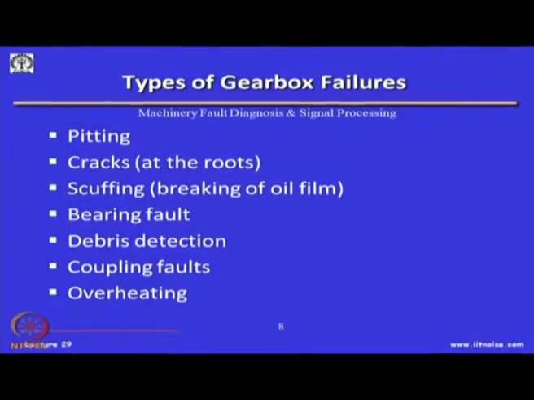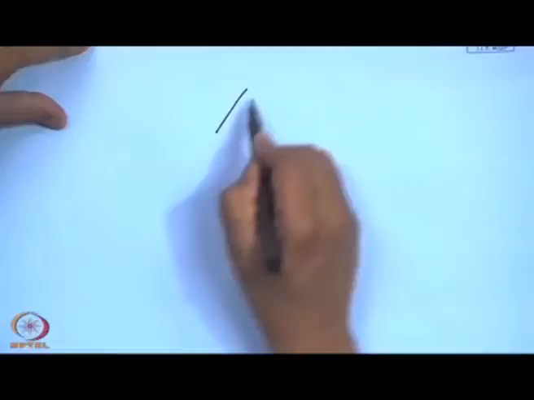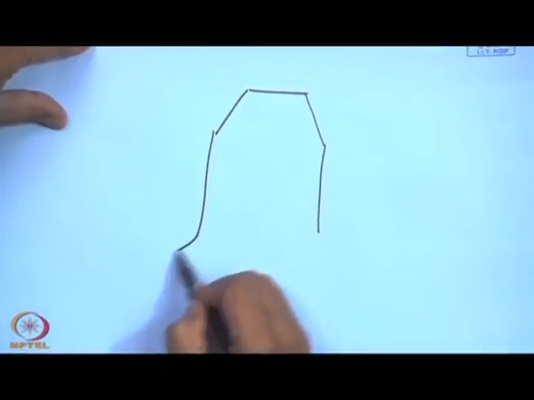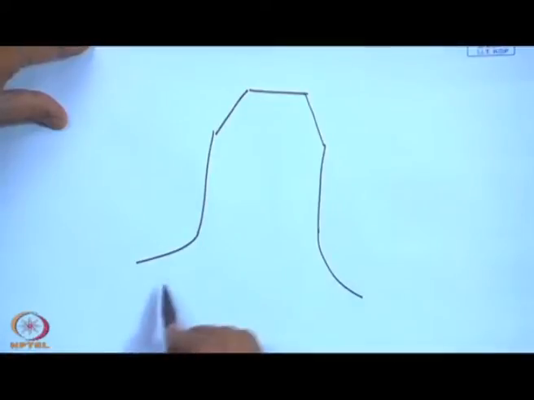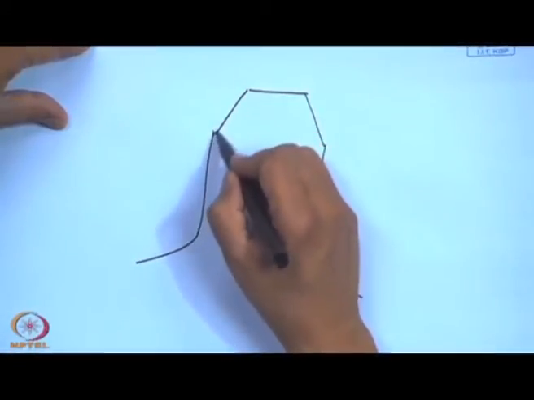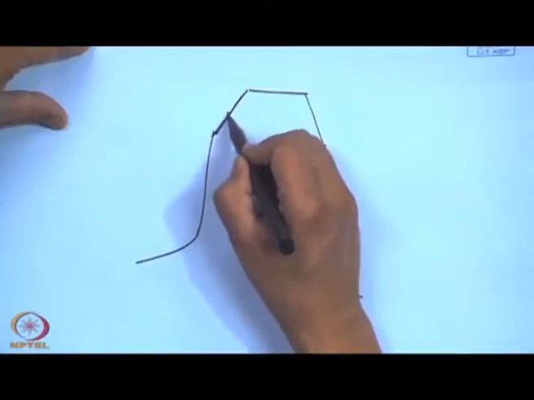In a gearbox, the type of failures which can occur is because of the pitting of the gear flank. This is one tooth, and the pitting could occur in some of these areas.